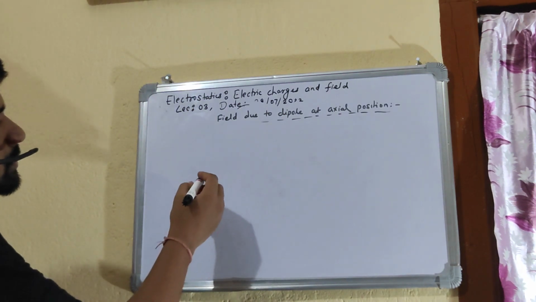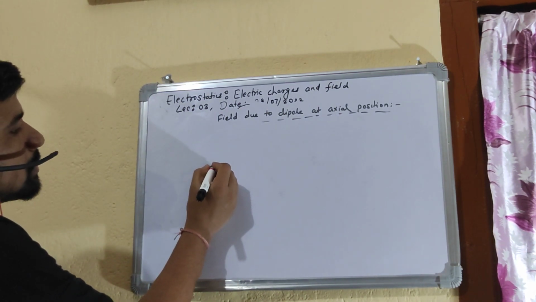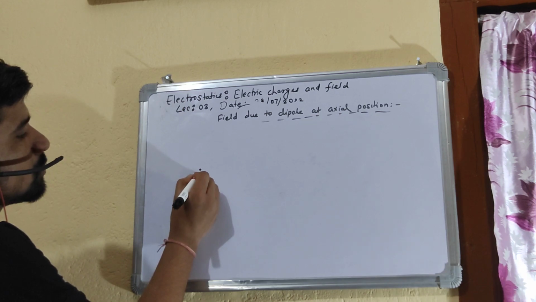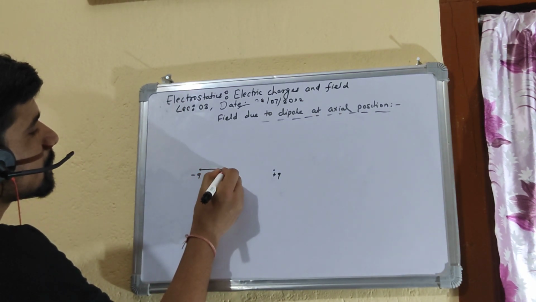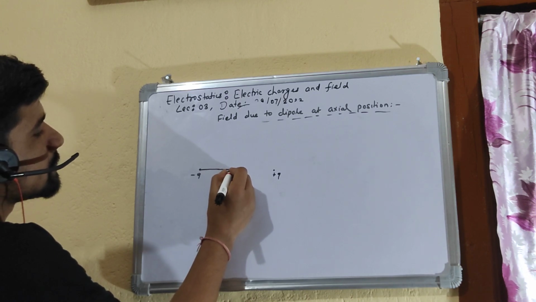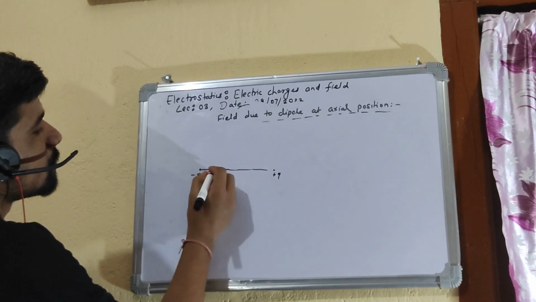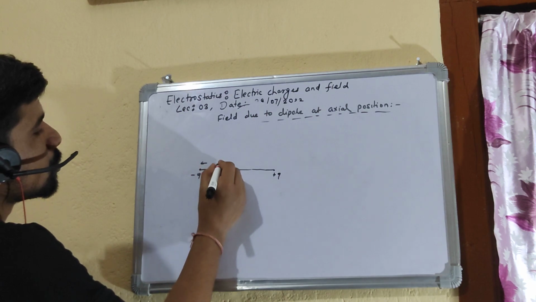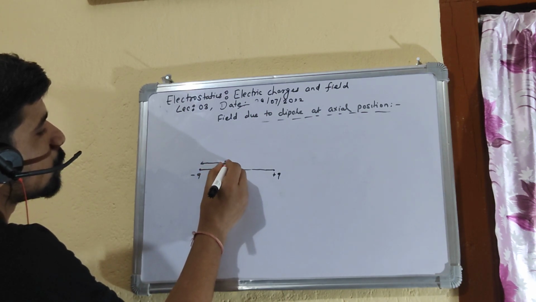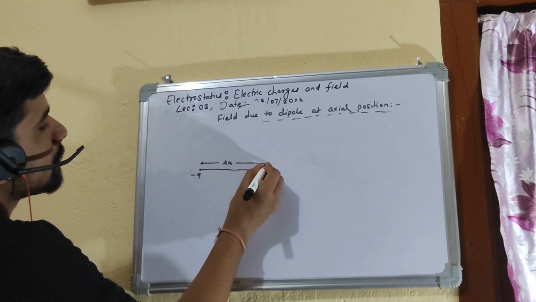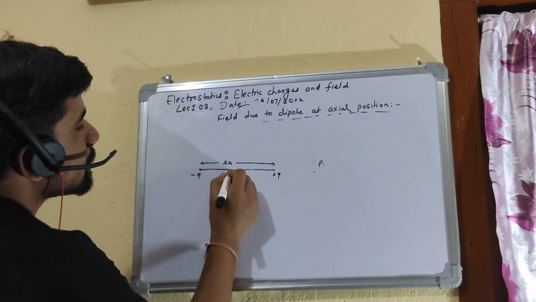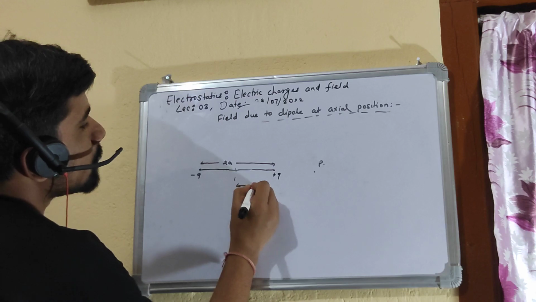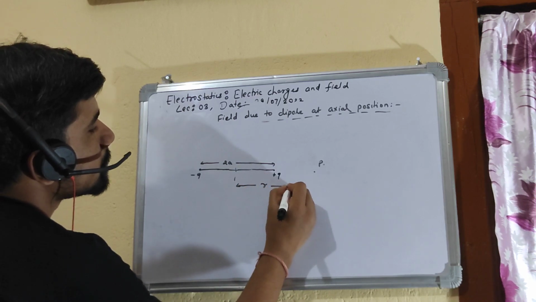position. Okay. So let's say this is a dipole, minus q, plus q. For convenience, we say that this is separated by a distance, let's say this distance is given by 2a, right? And from this is my point of interest P, which is located at a distance r from the center of this dipole.